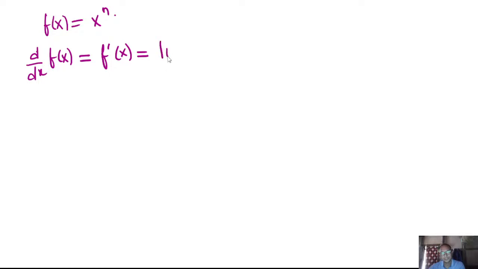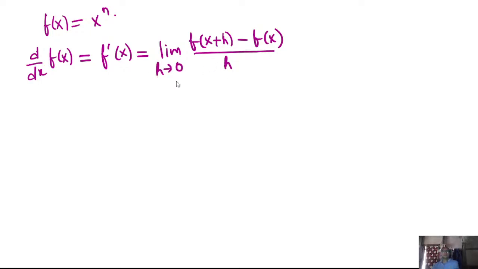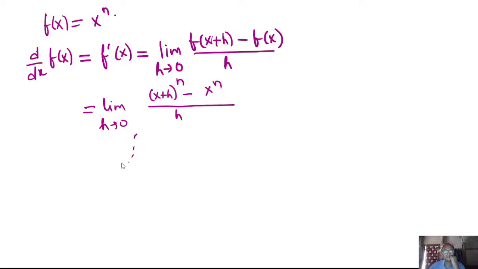If you use the first principle, it is limit h tends to 0 of f of x plus h minus f of x divided by h. So we put the limit: limit h tends to 0 of x plus h to the power n minus x to the power n, divided by h. So we have to solve it like this.